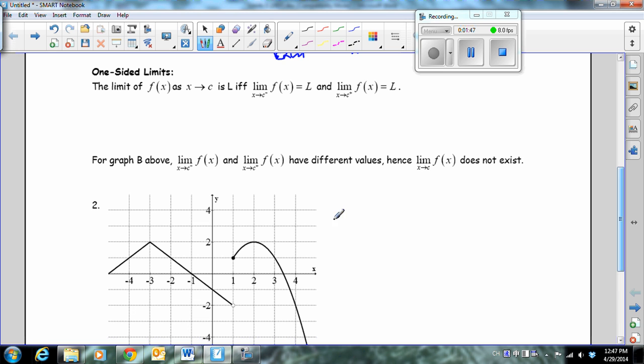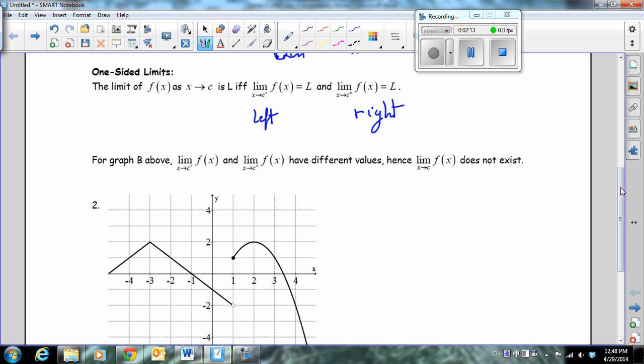One-sided limits. The limit of f of x as x approaches c is L if and only if the limit of f of x as x approaches c from the left is equal to L and from the right is equal to L. I mentioned this before. Remember, the negative here means left and the positive there means right.